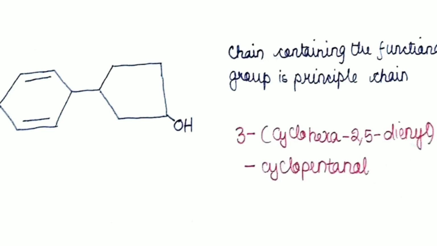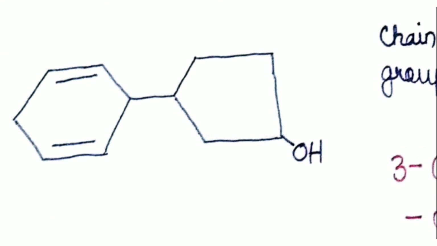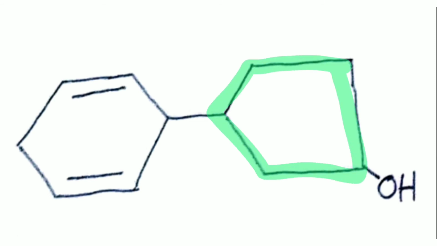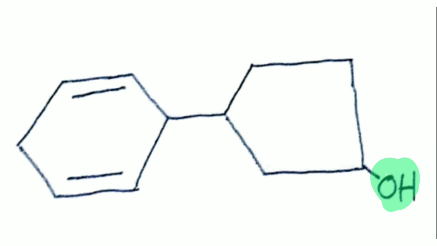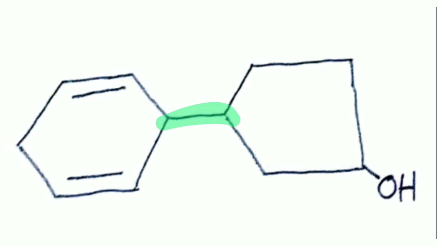Now let's look at some questions from the previous lecture of alcohols that I had asked you to try by yourselves before we discuss it once together, guys. So what we see in this compound, guys, is that we have a 5 carbon chain to which an OH group is attached, and we have a 6 carbon chain to which 2 double bonds are there and they are attached by these 2 carbons.